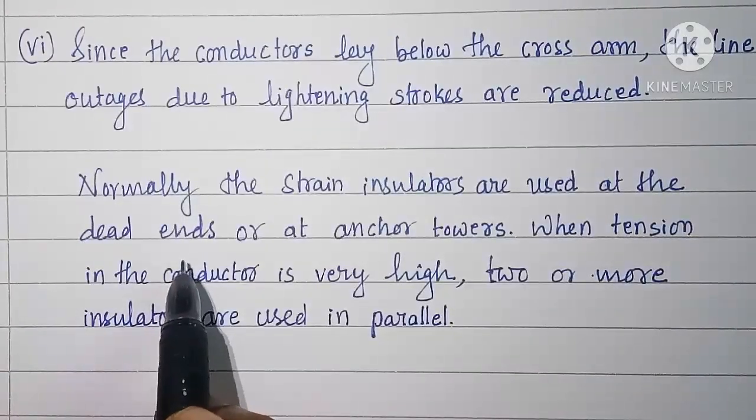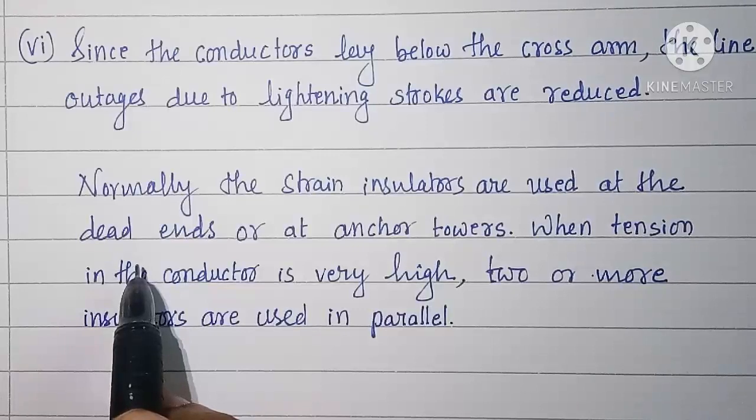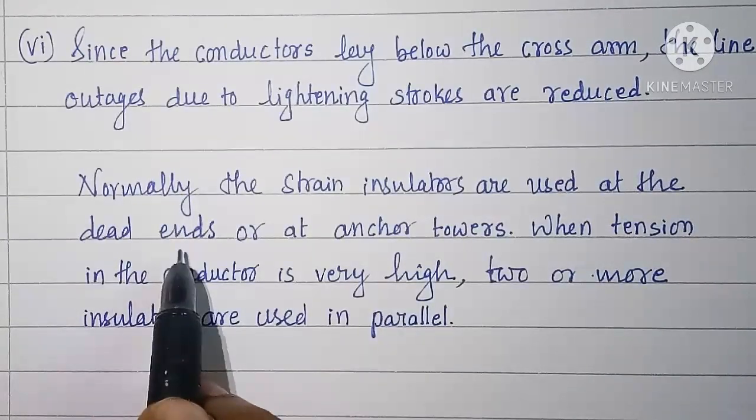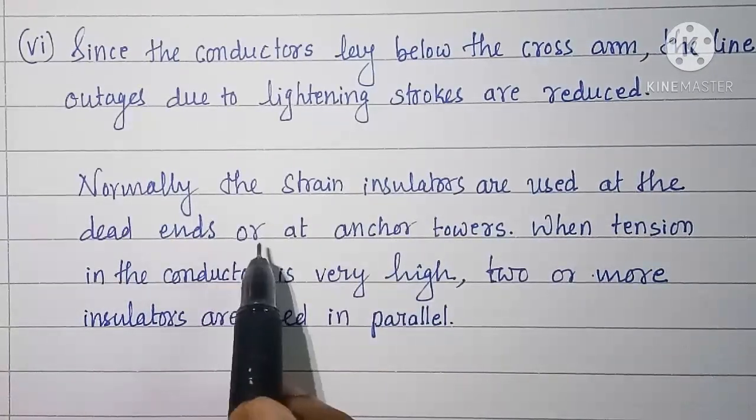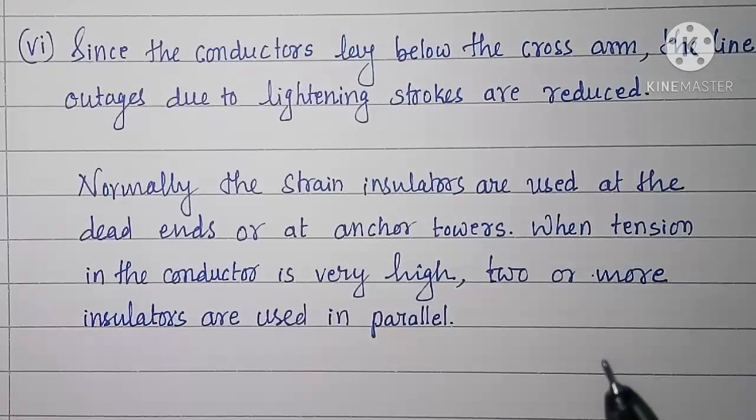Dead ends means where the transmission line ends. Thereafter, there will be no poles and no line conductors.